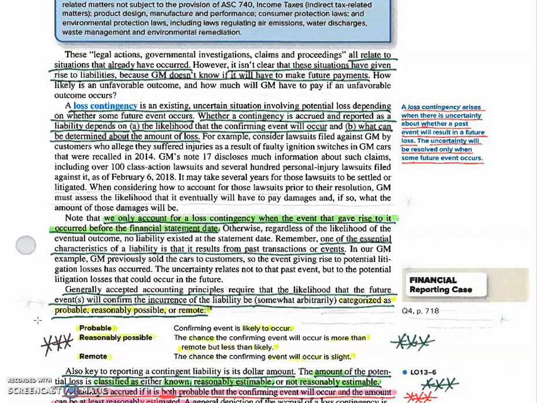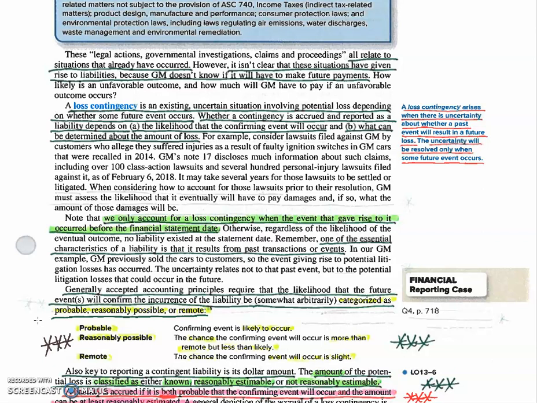Well, the same thing is kind of true here, but in reverse. The FASB said if you can only estimate within a range, then you estimate the low end of the range. Because let's say we recognize the liability this year. What's our journal entry? We debit a loss or an expense. We credit a liability.